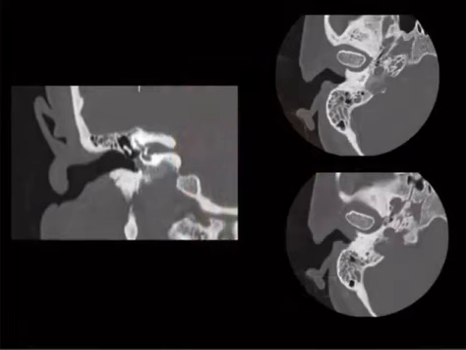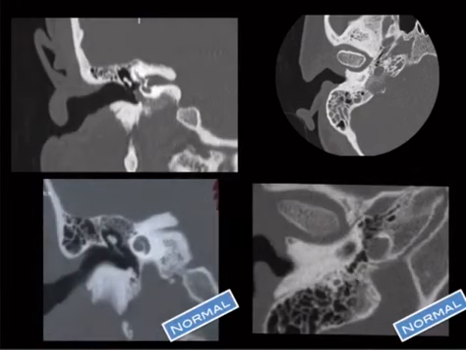All right, so next case, good chance to look, and then drop the normals in here. So normals on the bottom, abnormals on the top, and probably notice that this bone here looks like it's been chewed up, right here, and there's some soft tissue stuff here in the middle ear.